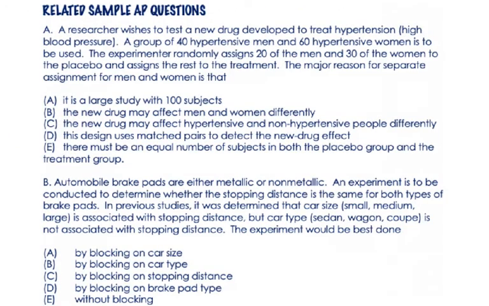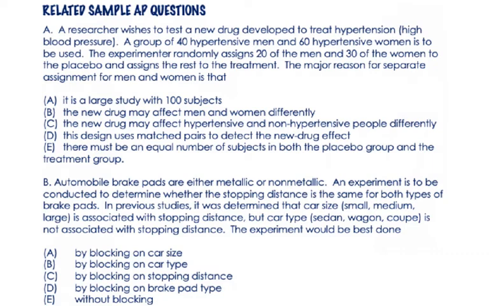Alright, so let's just look at some sample questions you might see. A researcher wishes to test a new drug developed to treat hypertension, which is high blood pressure. A group of 40 hypertensive men and 60 hypertensive women is to be used. The experimenter randomly assigns 20 of the men and 30 of the women to the placebo and assigns the rest to the treatment.